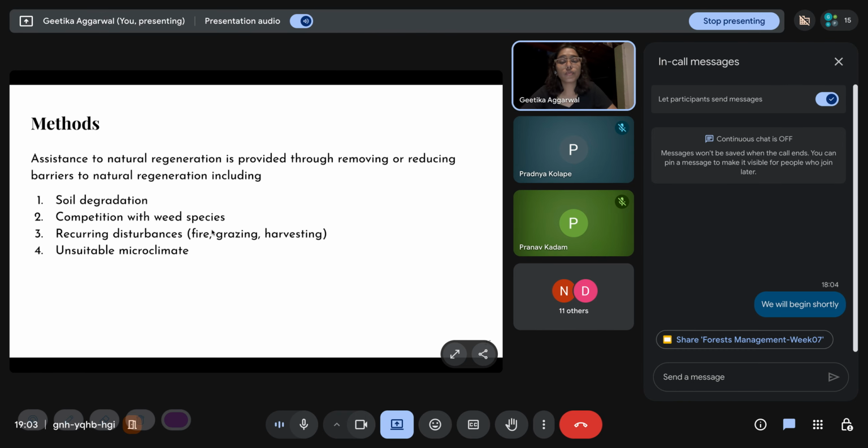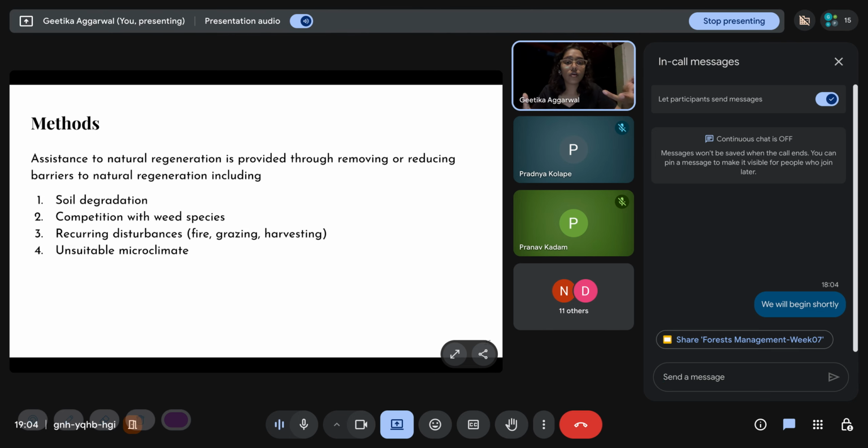For competition, you might want to clear the area which is right near the sapling. For example, you have a sapling here, so you might want to clear the area in a circle around the sapling itself. Not that you want to clear the entire area. You just want to clear the weeds from this particular area near the sapling. So that's a way in which you could overcome the competition with weed species.